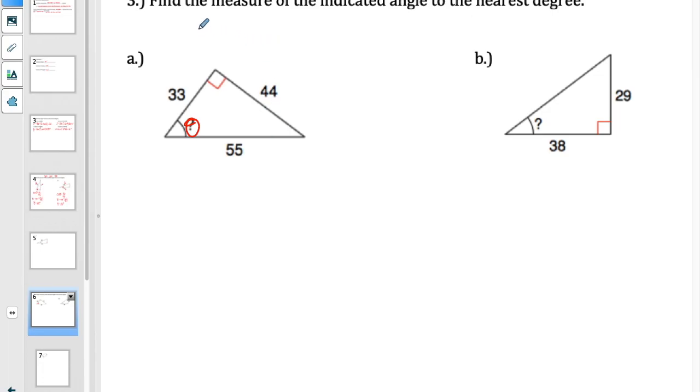From the right angle here, I have 55, which is my hypotenuse. 44 would be the opposite, and 33 would be my adjacent. Would you agree if I wanted to use tangent, what I'd be typing into my calculator would be tangent inverse of, from theta, TOA, it would be 44 over 33.